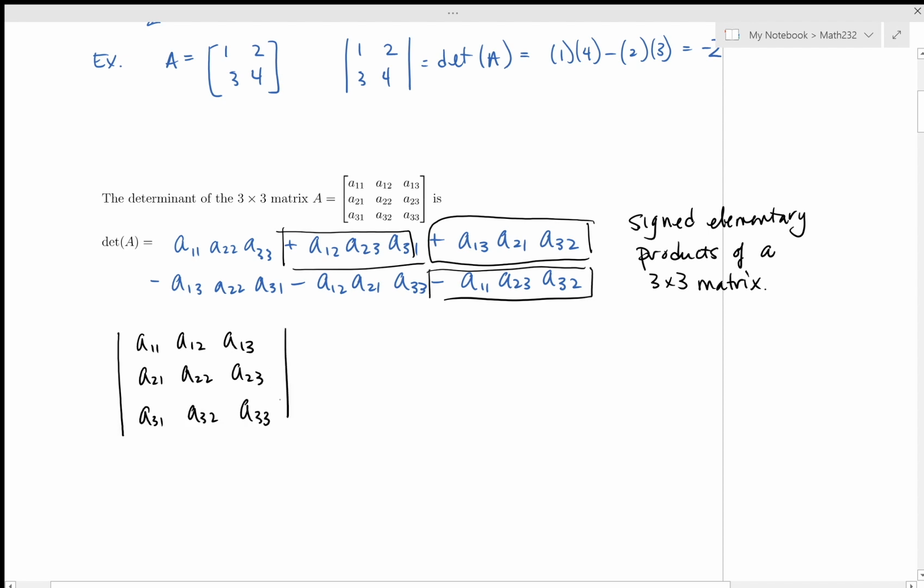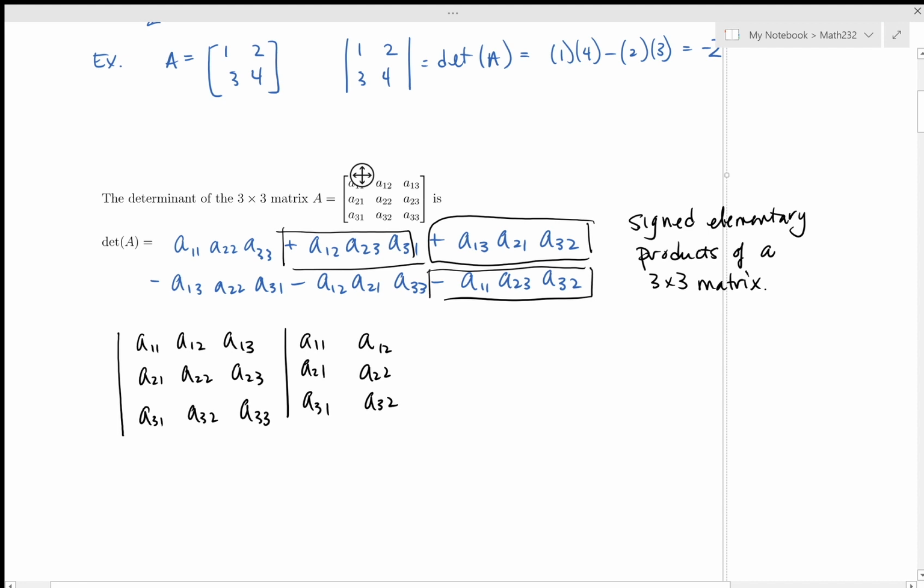What I can do is copy the first two columns afterwards here. I'm making a copy of column 1, and a copy of column 2 beside it.